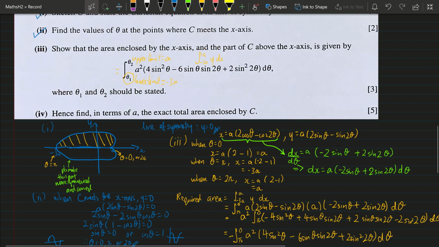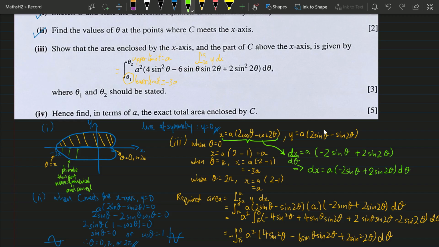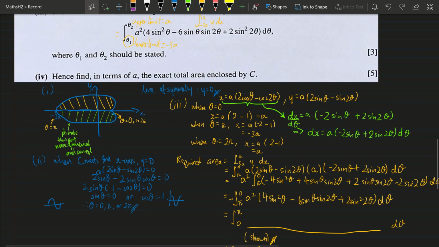And in part 4, you're asked to find the exact total area enclosed by C, which means right now we are going to include the part at the bottom. So now, because we know the curve is symmetrical about the x-axis, in part 3 we found this required area.